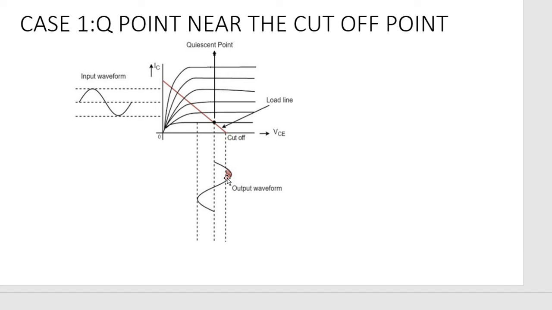That is, some portion of this positive waveform is getting clipped. So we are getting a distorted output waveform if the Q point is near the cutoff point. Okay, so if the Q point is near the cutoff point, the positive half cycle of the input waveform will be clipped. So it's very important.